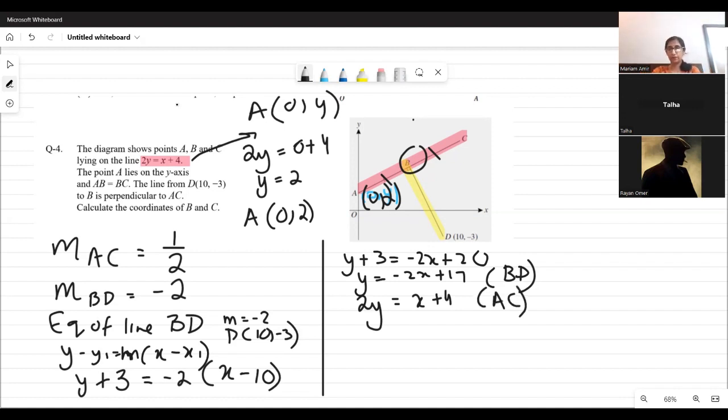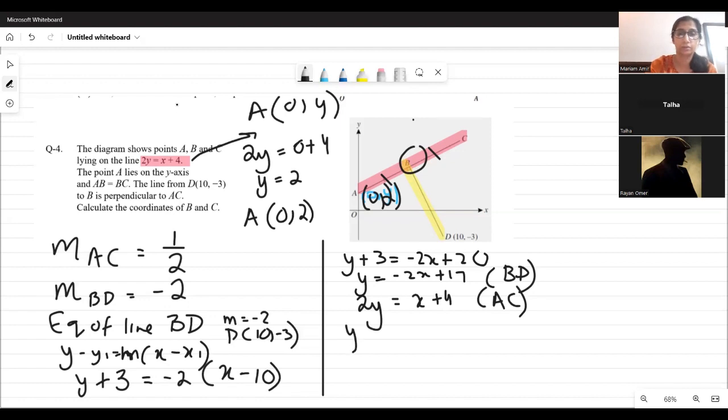Now solve these two simultaneously and give me the coordinates of B. Miss, y is 5.